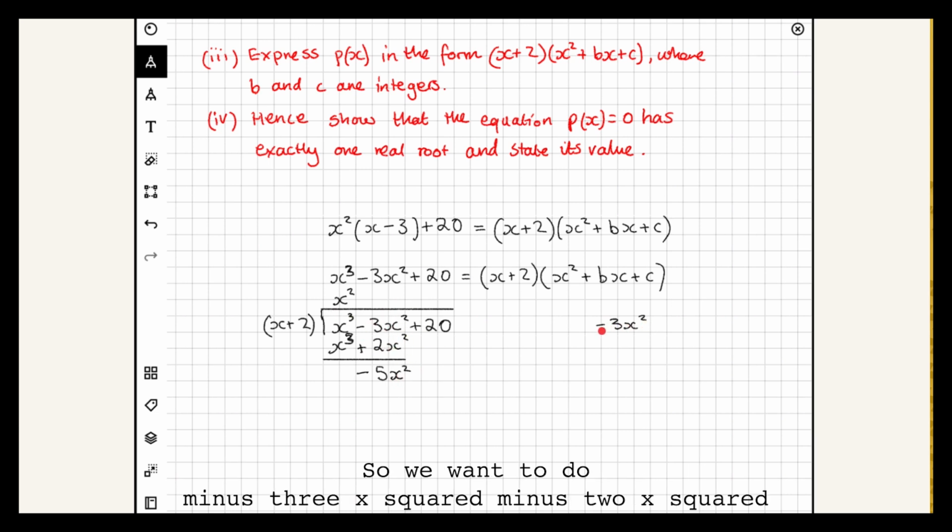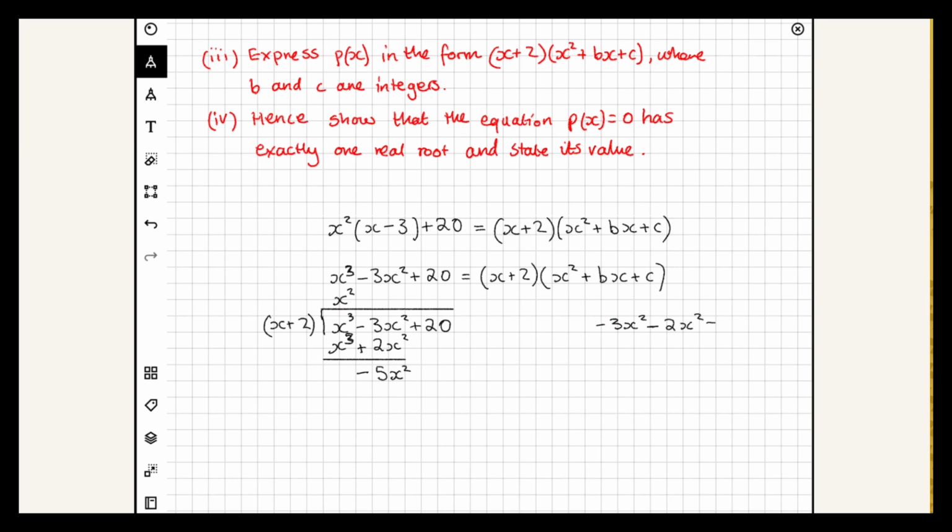So we want to do minus 3x squared minus 2x squared, which would be minus 5x squared. x into minus 5x squared is minus 5x. Minus 5x times plus 2 is minus 10x.